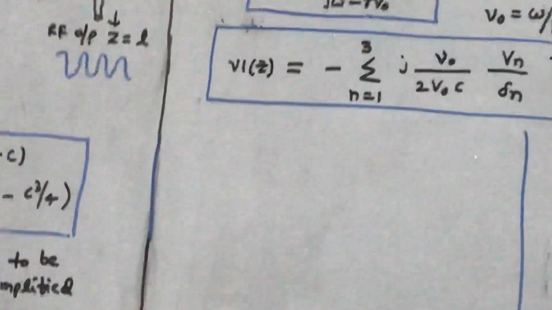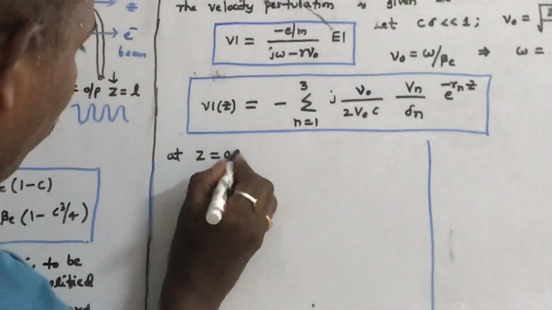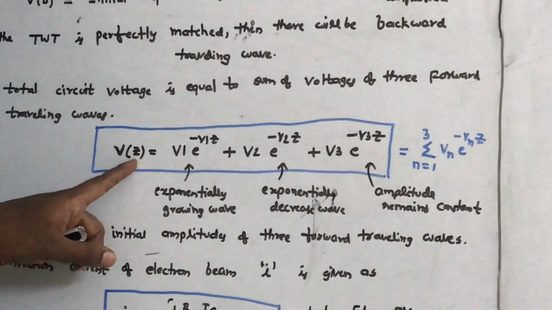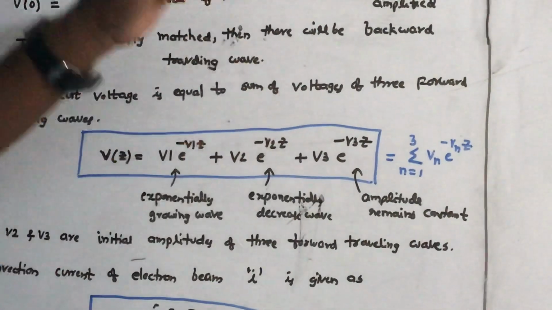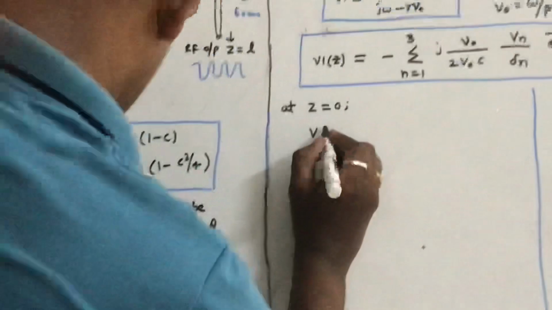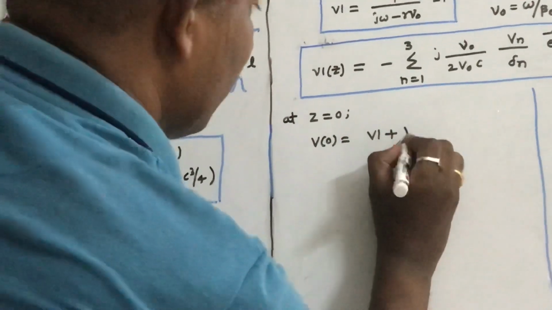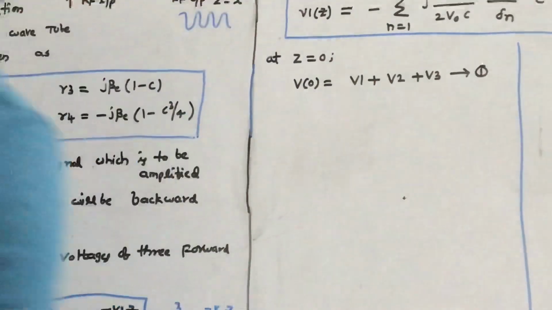Now at z is equal to 0, coming to this equation, the circuit voltage is written as V1 plus V2 plus V3. Say equation 1.